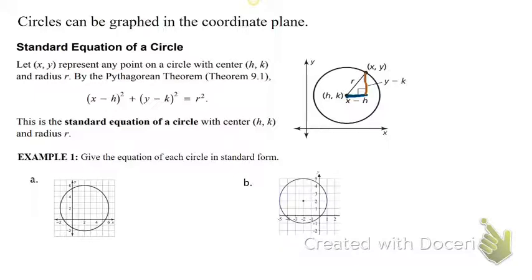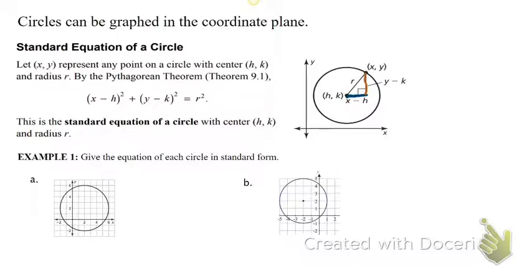We know that when we have a right triangle, we can always use the Pythagorean theorem. So if you look at this particular triangle, the segment on the bottom has length x minus h. That's the first of the two legs. So we write (x minus h) squared, because it's always leg squared plus leg squared equals hypotenuse squared.